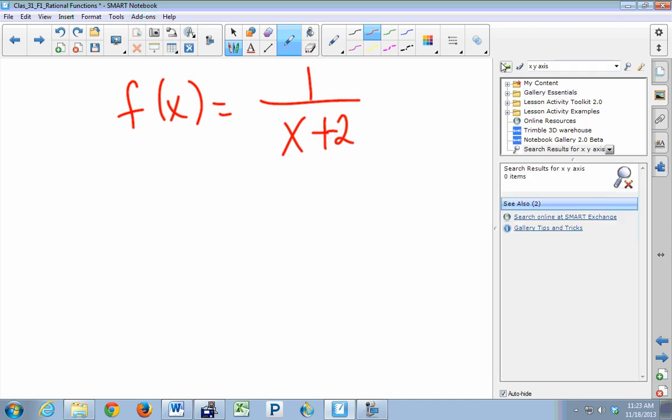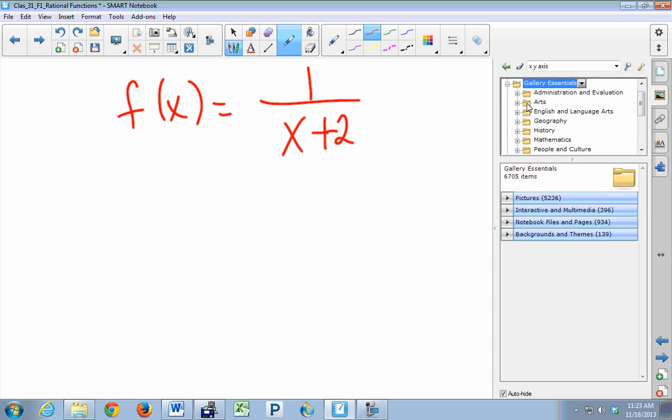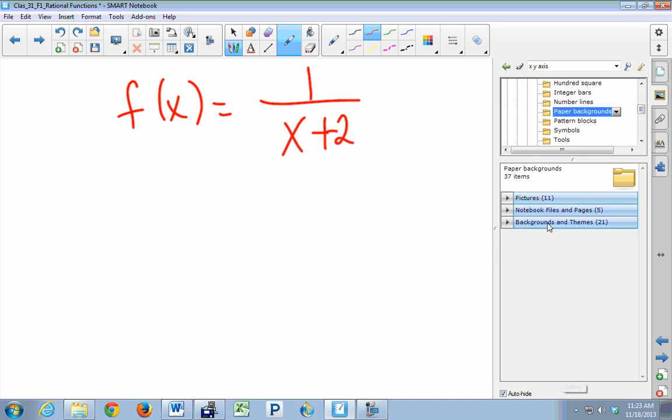Nope, nothing there. My content, gallery essentials, mathematics. We'll get there somehow. Wonder which one it is. Algebra, no. I think it's paper backgrounds. Let's see.